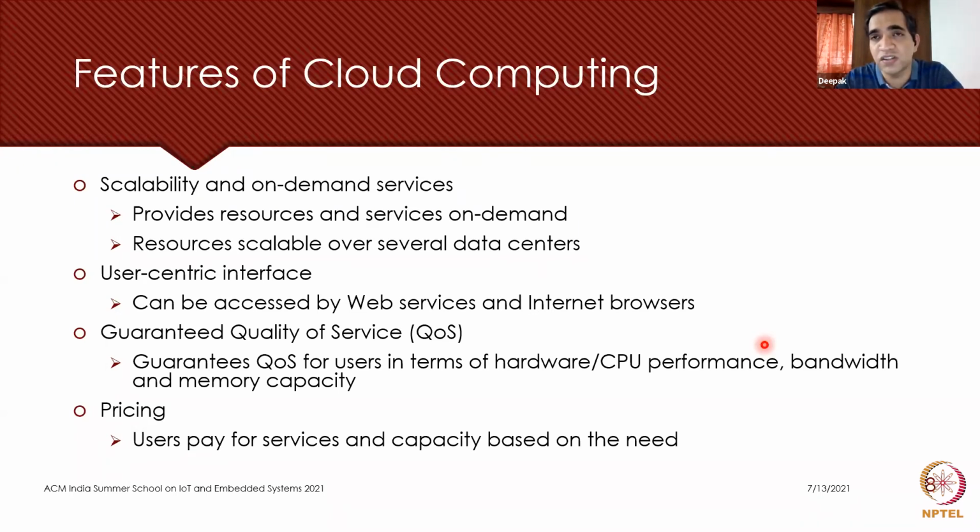There may be some services which have free access, even on some of these well-known cloud platforms. Some services may be absolutely free, so you don't have to pay anything. But there may be services where up to a certain quantum of data it is free, and after that it becomes chargeable. So there can be various such pricing mechanisms, and that's part of the cloud computing setup.